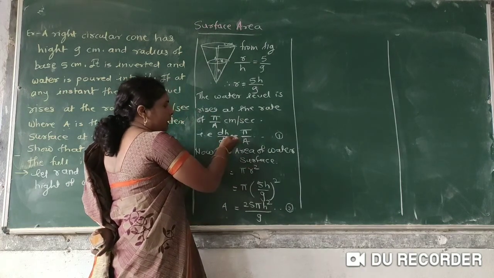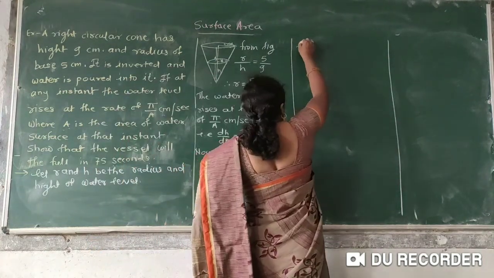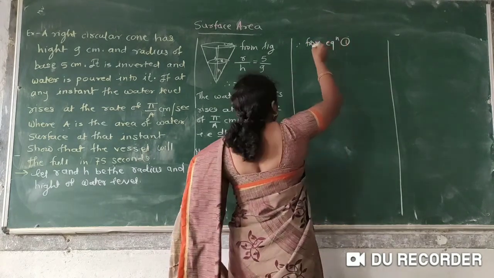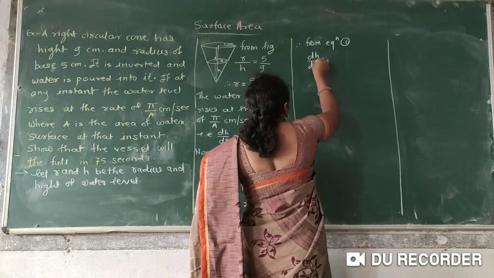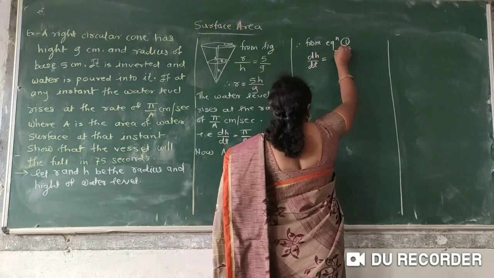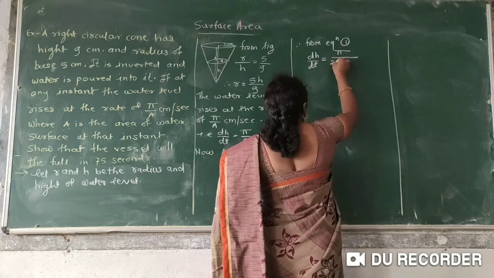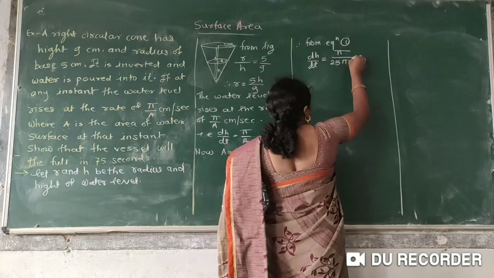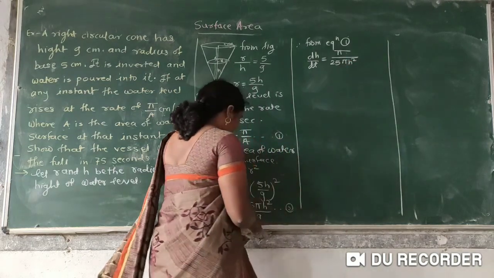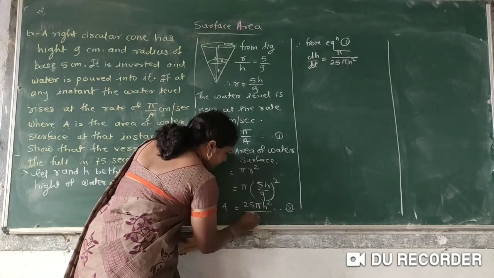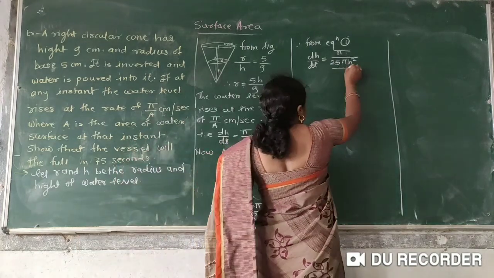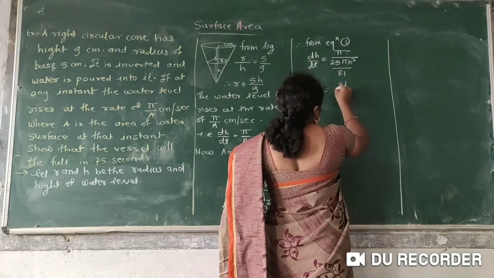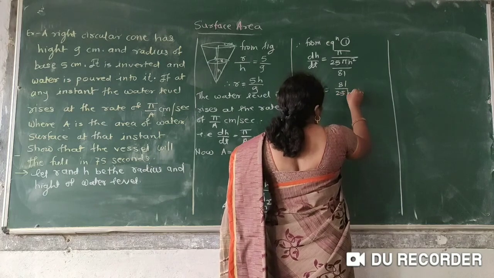Substitute this value of A in equation 1. Therefore, from equation 1, dH by dt is equal to pi upon 25 pi H square upon 9, that is equal to 9 upon 25 H square.